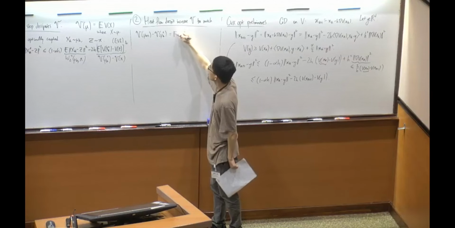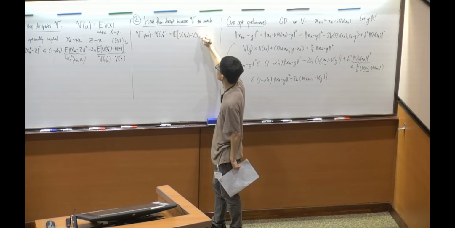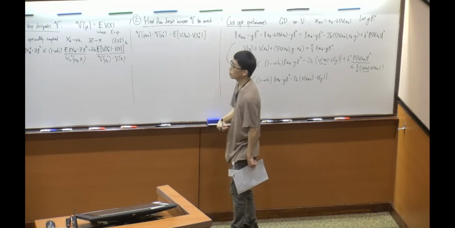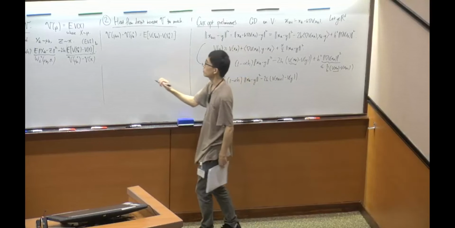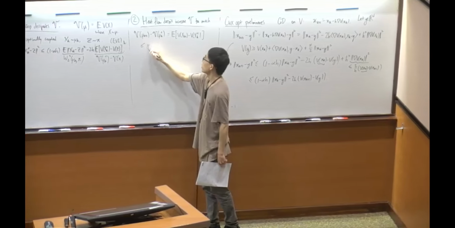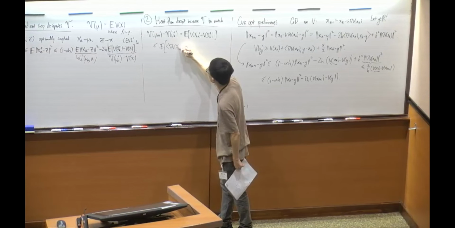But this is just the expectation of V of xk plus 1 minus V of xk plus. And now I'm just going to apply the smoothness inequality to V. So when I apply the smoothness inequality, I will have this quadratic upper bound.